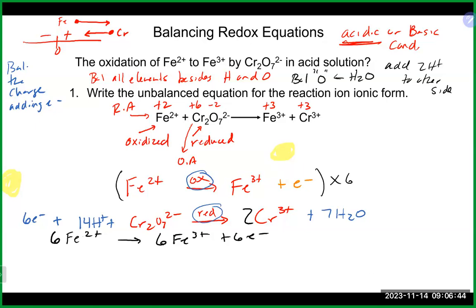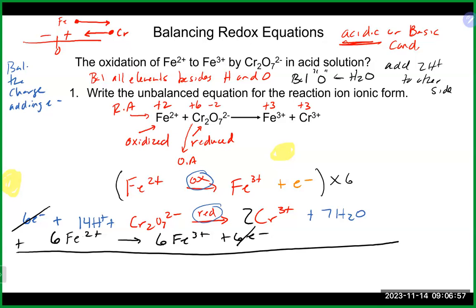So at this point, we are now ready to add these together. Once again, anything that's on opposite sides of the arrow can reduce or cancel out. So for sure, though, our electrons should always completely cancel. And I think in this case, that is it in terms of what is happening. So we will have 14 H+, and everybody on the left-hand side of the arrow stays there, plus some dichromate, plus 6 of the Fe2+.